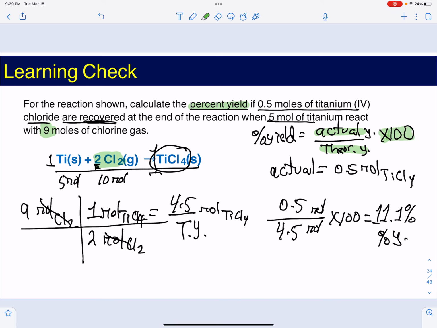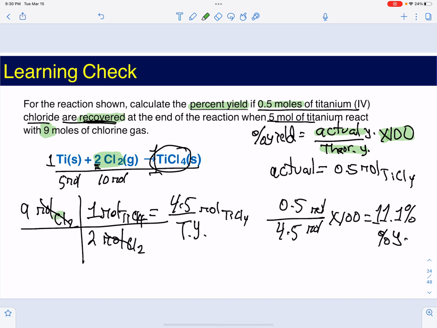And the actual yield will most likely be given in the problem, because it's going to tell you that it was recovered, isolated, produced, or something like that. So you already have the actual yield, so all you need is the theoretical yield, so you can do actual over theoretical. And for the theoretical yield, you're going to need to find the limiting reactant first.